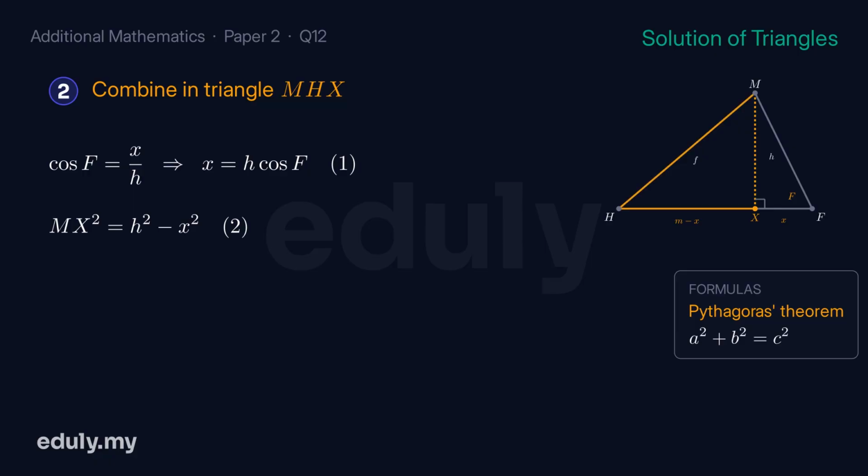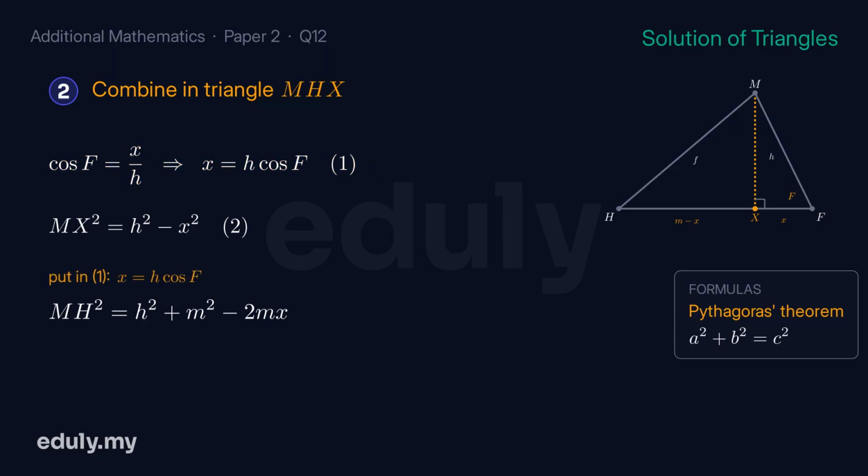Step 2. Now use the big right triangle M, H, X. By Pythagoras here, M, H squared is the height M, X squared, plus the base m minus x squared. We already know M, X squared from equation 2, so swap it in. Expand the bracket. The plus and minus x squared cancel, which is the whole point of the construction.